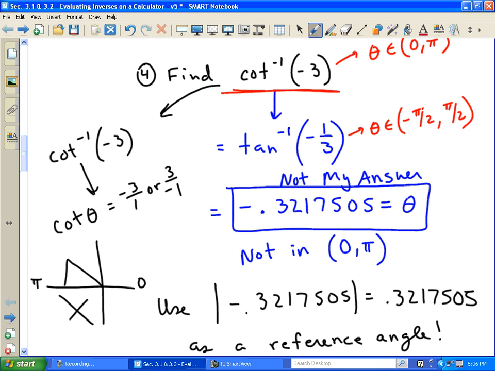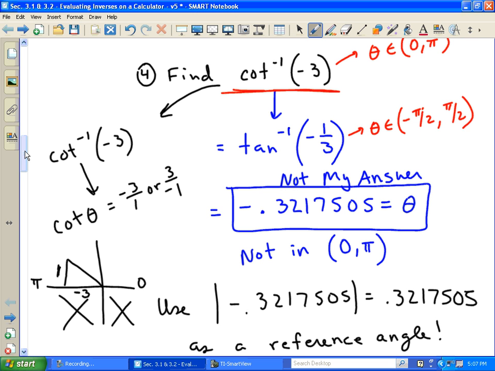So I can't have anything here and here. Okay, that being the case, then I see that I need to have my x being -3, y being 1. Now, I don't really care here about my r value. I could compute the r value if I wanted to, but my goal here was to determine which quadrant the angle's in that I'm looking for. It needs to be in quadrant 2.